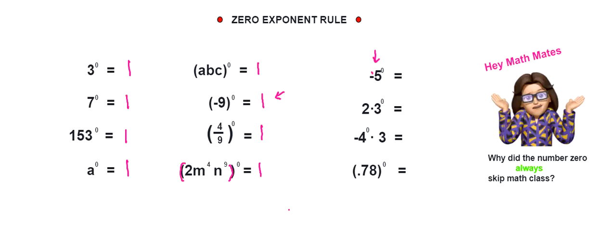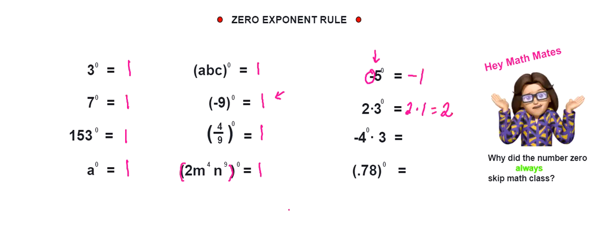This negative is not to the 0, so we got to carry it over. And then 5 raised to the 0 is 1. So you got to be a little careful, all right? The next one, if you got 2 times, now only the 3 is raised to the 0. So 3 to the 0 is 1. And 2 times 1, 2.